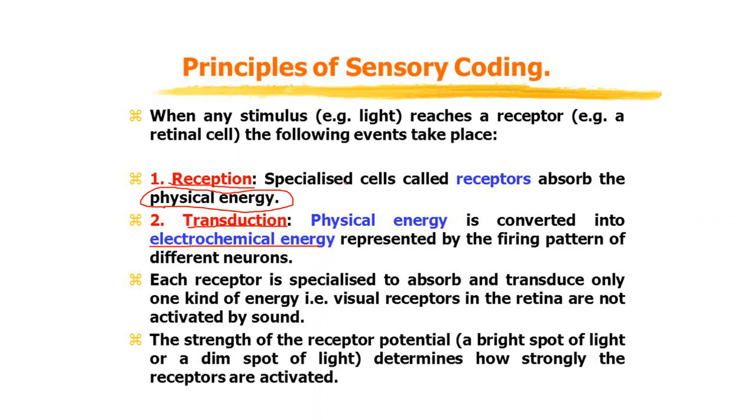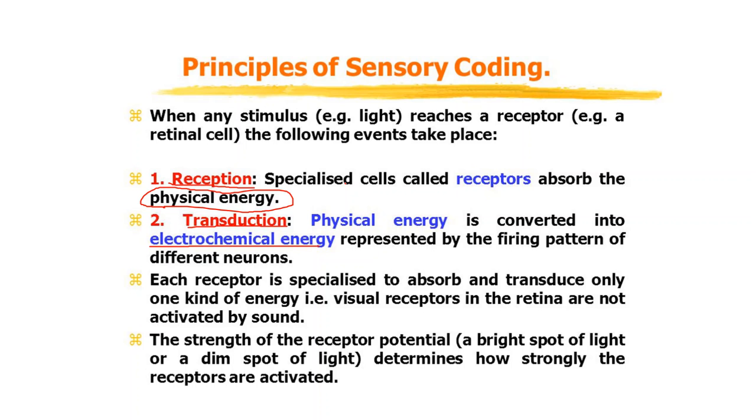So we talk about electrochemical energy, okay? Bottom line, each receptor is specialized to absorb and transduce only one kind of energy. For instance, visual receptors in the retina are not activated by sound. They're only going to be activated by light.